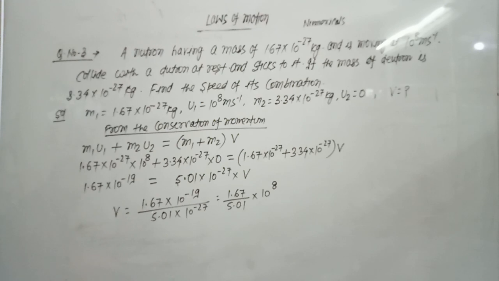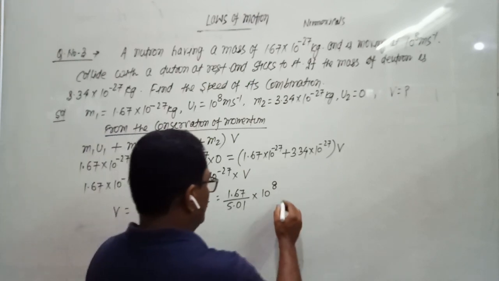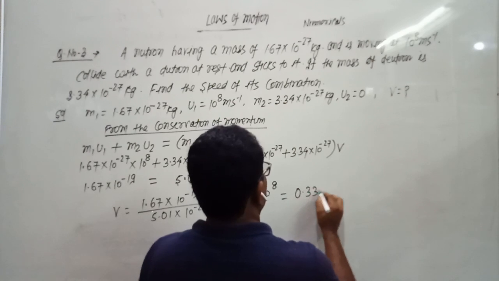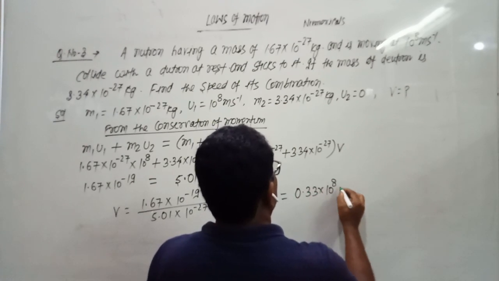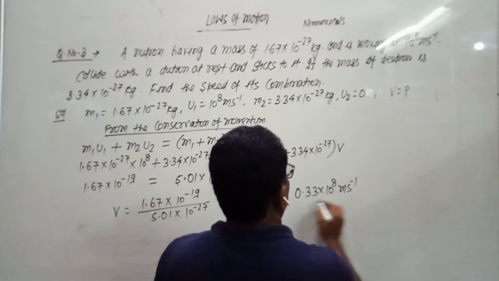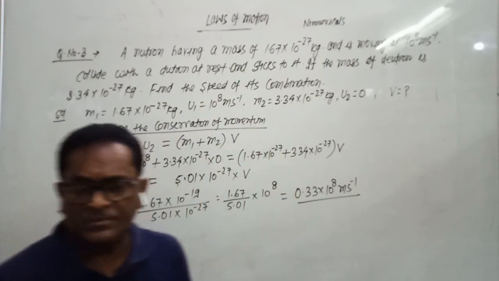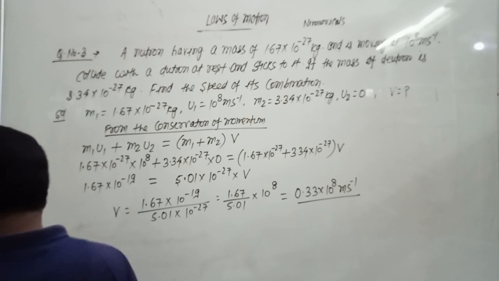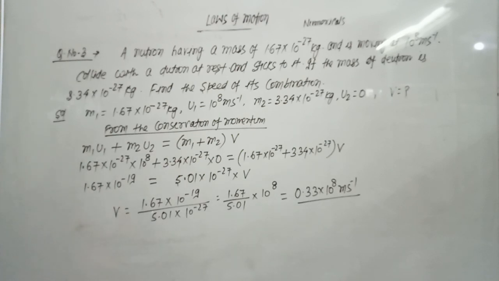And after solving this, we get 0.33 × 10^8 meters per second. So their combined mass, neutron and deuteron, both are moving with a velocity of 0.33 × 10^8 meters per second.